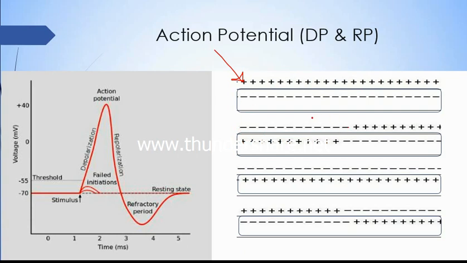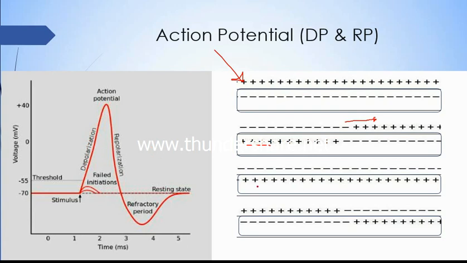You can see it easily in this picture, that this cell is in normal or resting membrane potential. When a stimulus comes and stimulates this cell, the outside charges become minus slightly.